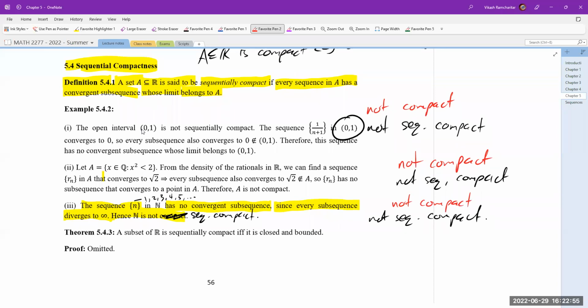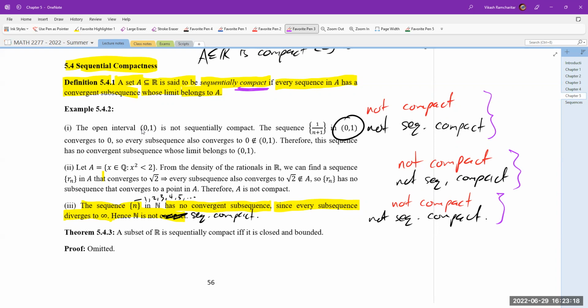Okay, so we're seeing a link here. Sets which are not sequentially compact are also not compact. And it should be no surprise because of the name that they chose to describe this property, compact, sequentially compact.